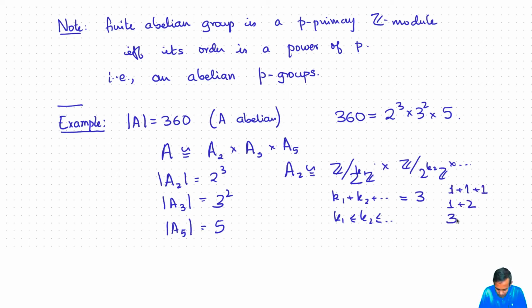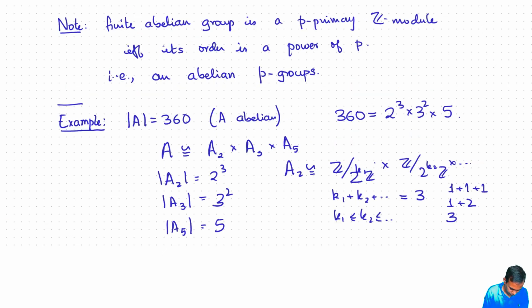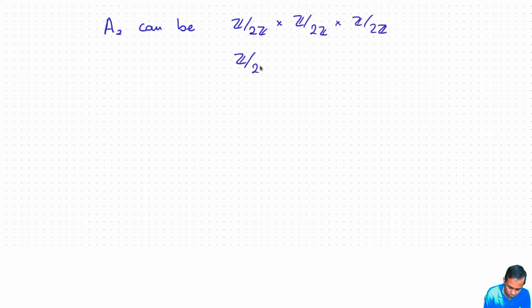So there are 3 possibilities for A2, namely it can be Z mod 2Z cross Z mod 2Z cross Z mod 2Z, or it can be Z mod 2Z cross Z mod 4Z, or it can be Z mod 8Z.